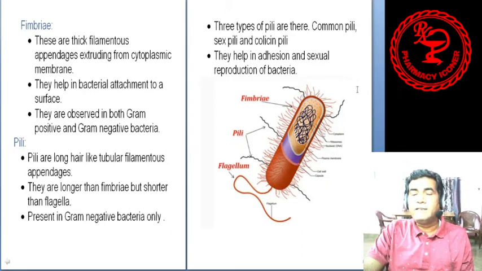What it does is help in the sexual reproduction of the bacteria. Some authors say pili, fimbriae, and flagellum are similar formations, formed depending upon the environmental condition. Some authors say that, and some describe them as separate organelles.